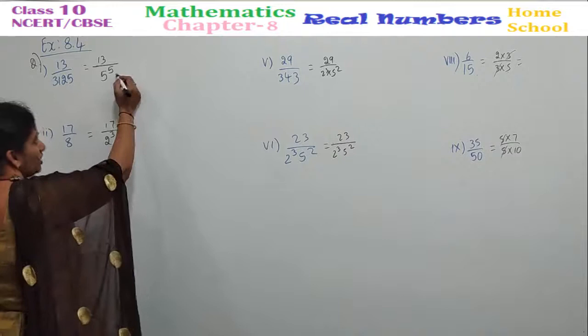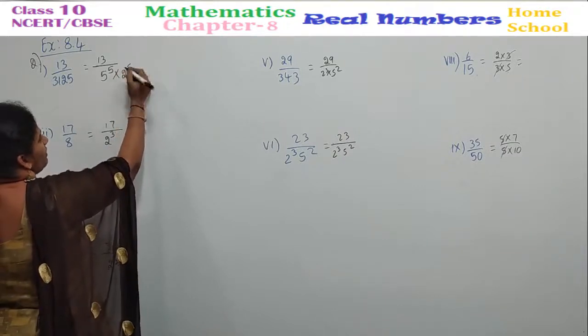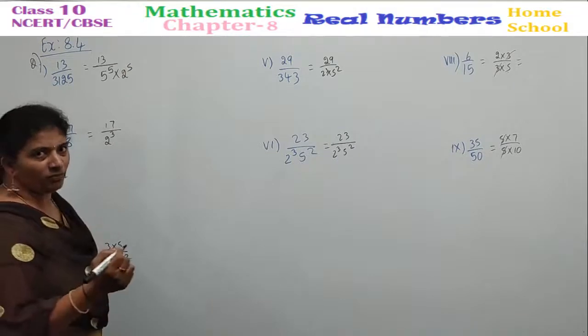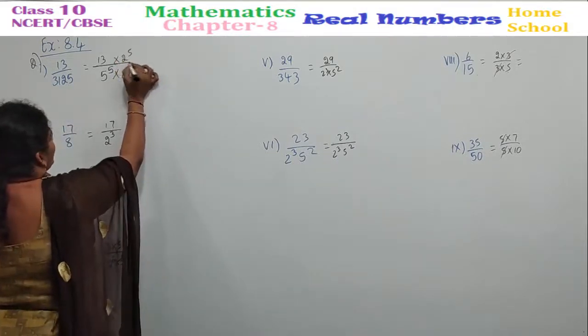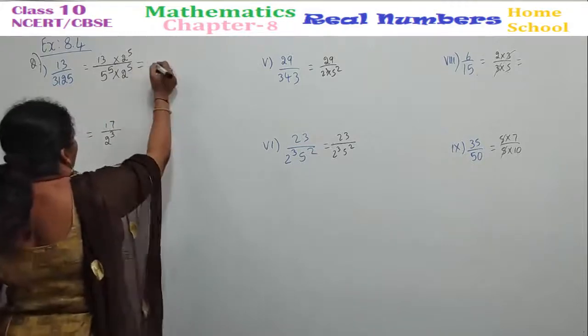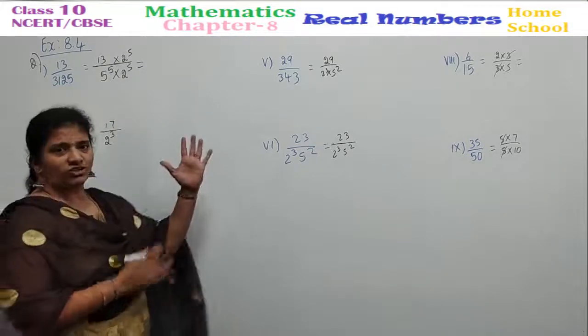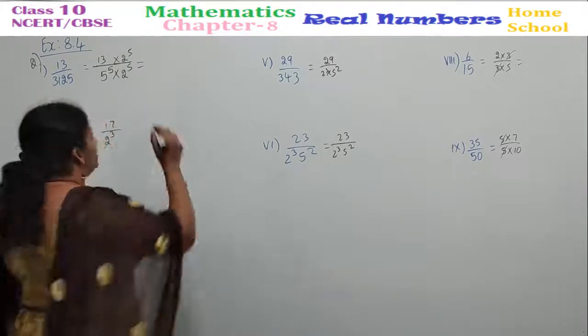So to make this in the form of 10 power, I need to multiply by 2 power 5. Multiply numerator and denominator by 2 power 5. So what happens? 2 power 5, how much count, children? 2 2s are 4, 4 2s are 8, 8 2s are 16, 16 2s are 32.